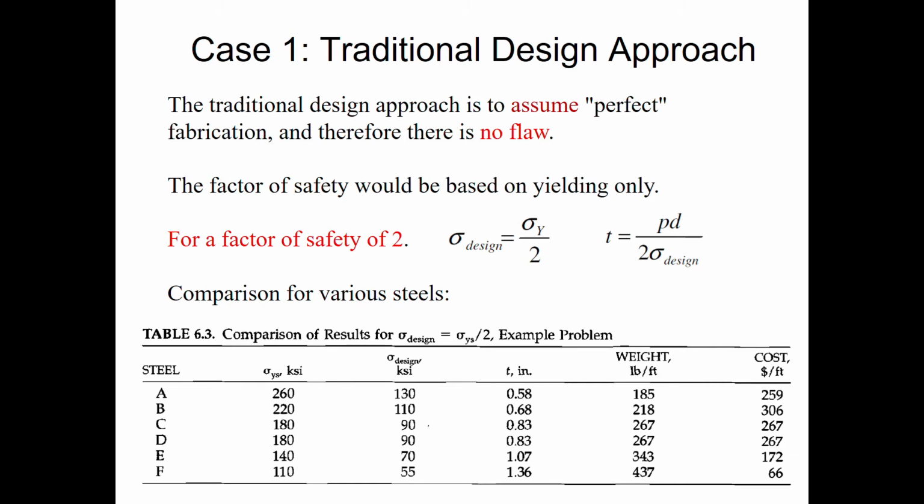Okay, based on this table, each of the steels already gives you the value for sigma yield. It is also mentioned that the user requires a factor of safety of 2. Okay, the user already gives you the factor of safety. We need to make sure that the design can stand 2 times the predicted design value.